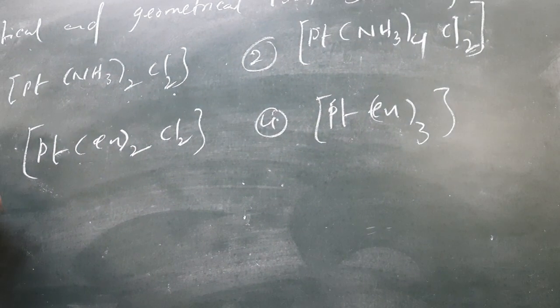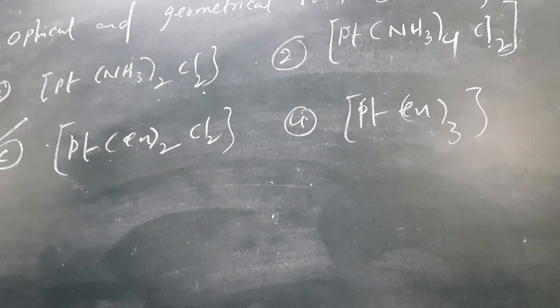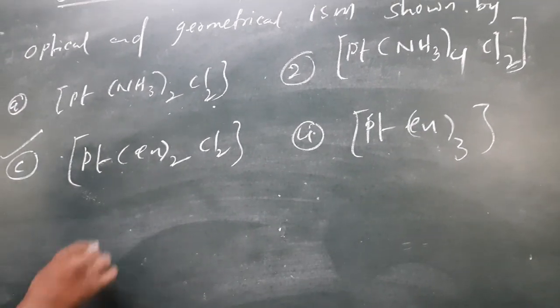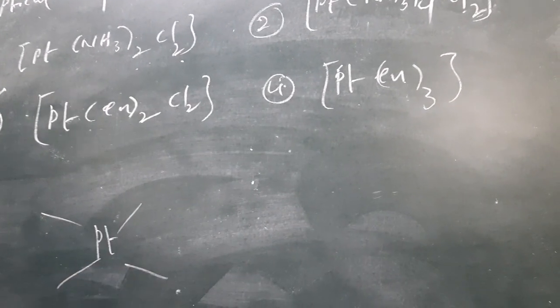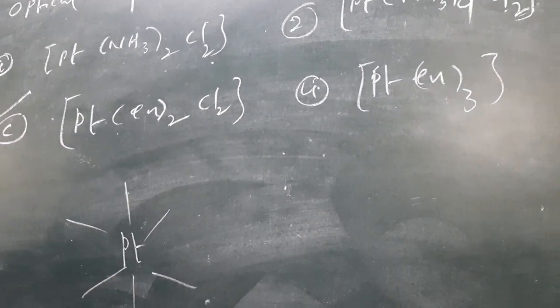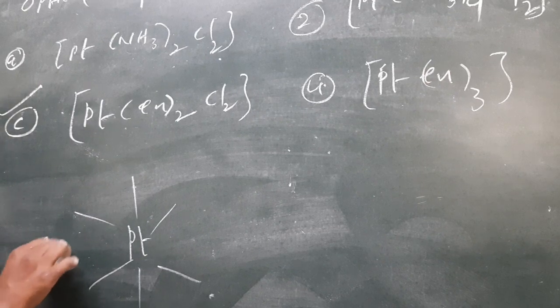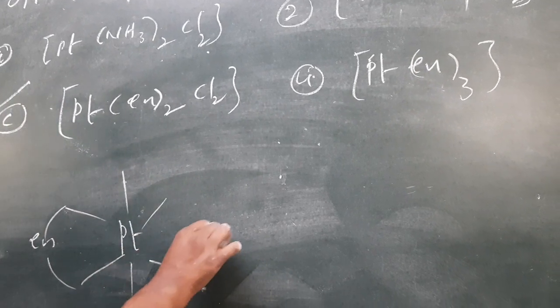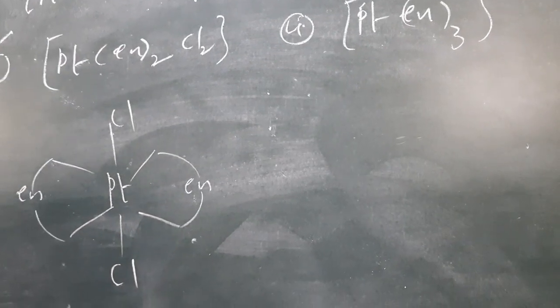Now, option C, if you see, in this case the isomers cis-trans can be shown. This is also an octahedral complex. Here ethylene diamine, 2 ethylene diamines and 2 chlorines. This is a trans compound.